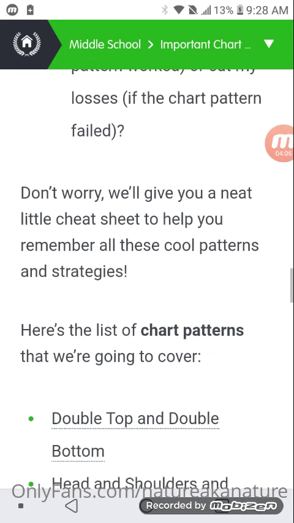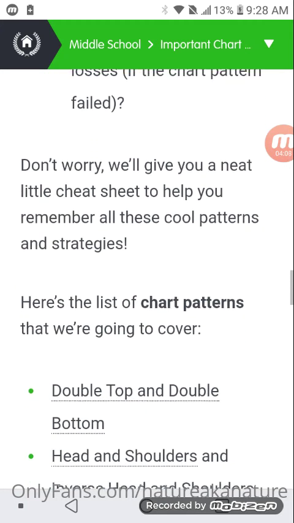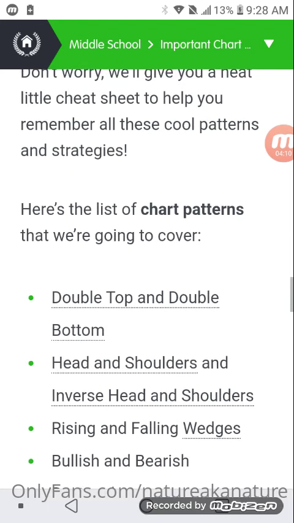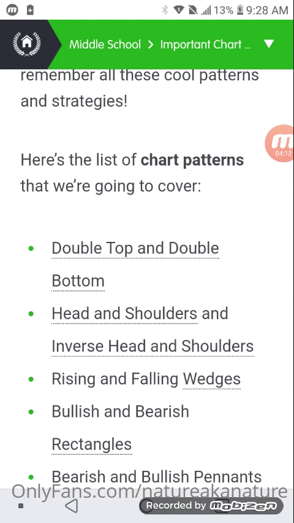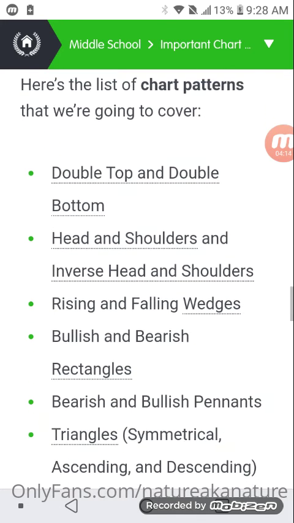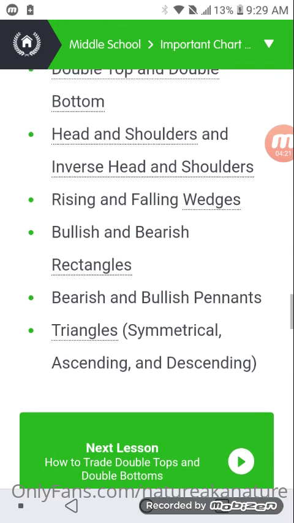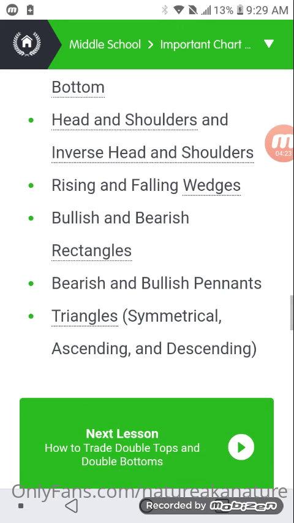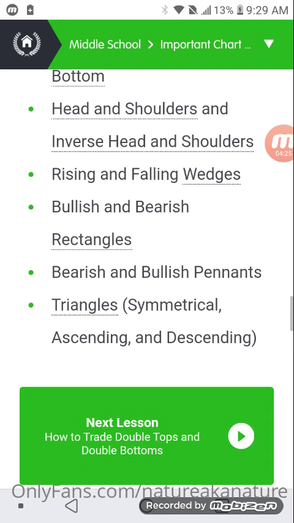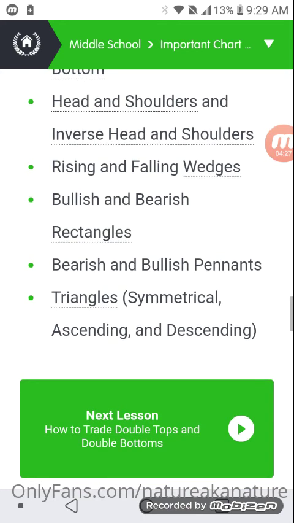So here's a list of chart patterns that we're going to be covering: double top and double bottom, head and shoulders and inverse head and shoulders, rising and falling wedges, bullish and bearish rectangles, bearish and bullish pennants, which we already ran over, and symmetric triangles, ascending and descending triangles, which we went over.